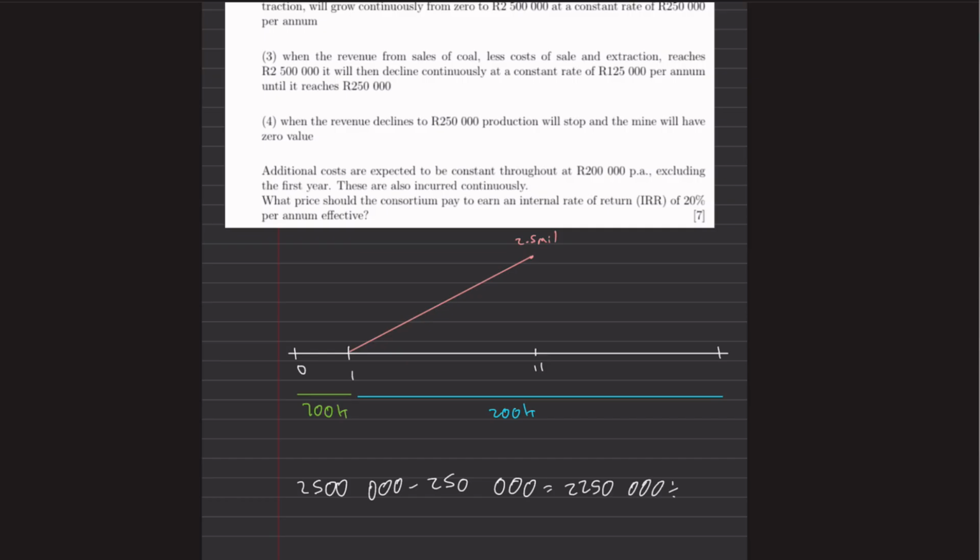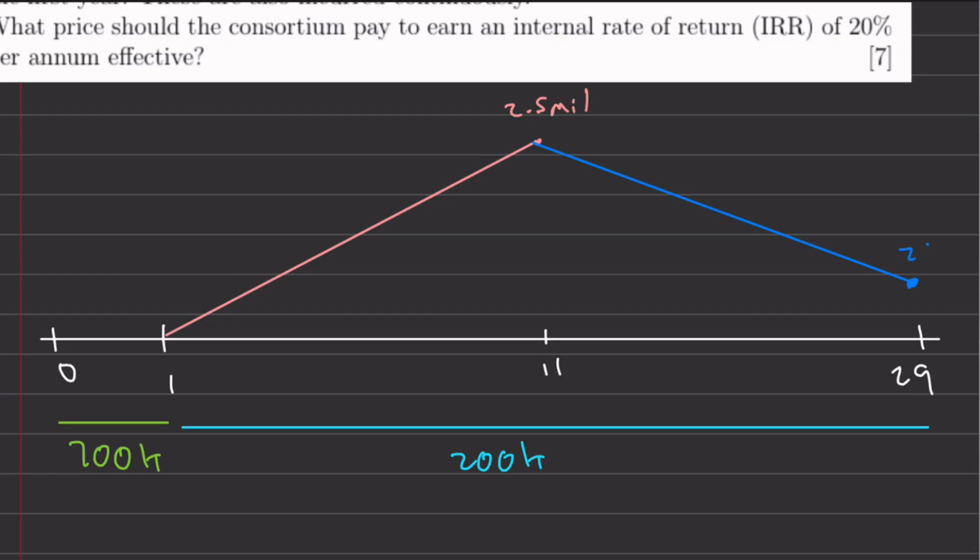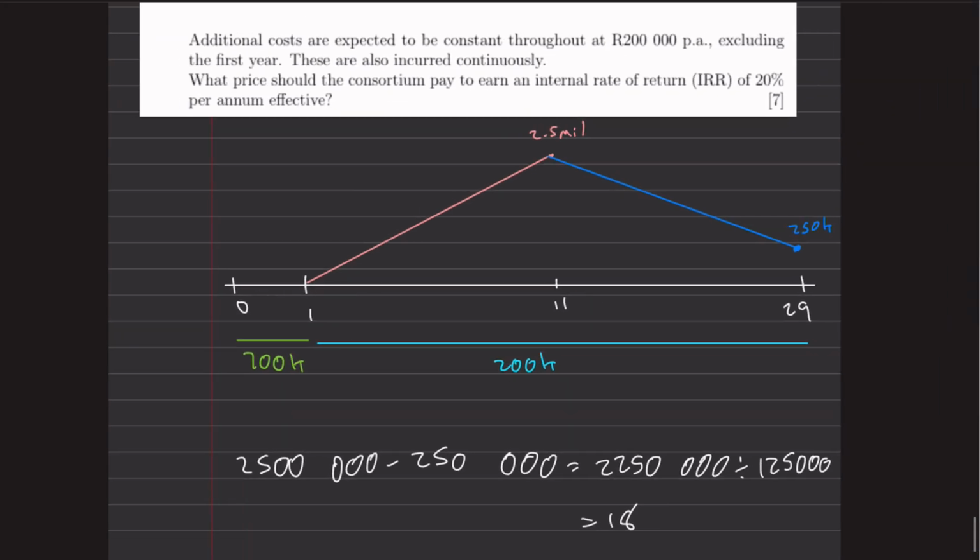And if we divide that by 125,000, we get 18. So it's going to decline for 18 years. That means our mine's going to close after 29 years, because 11 plus 18. It's not going to reach 0 because it says it reaches 250,000. So basically this is 250,000. Okay, so those are all our cash flows.